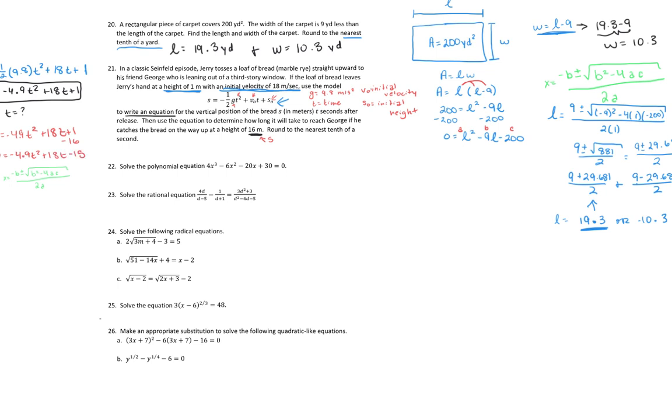And now we have an A, a B, and a C that we can use to plug into this quadratic formula. So now we know, and this is actually our t. So our negative b would be negative 18 plus or minus square root of b squared, which is just our 18 squared, minus 4 times our a, which is negative 4.9, times our c, which is negative 15, all over 2 times our negative 4.9.